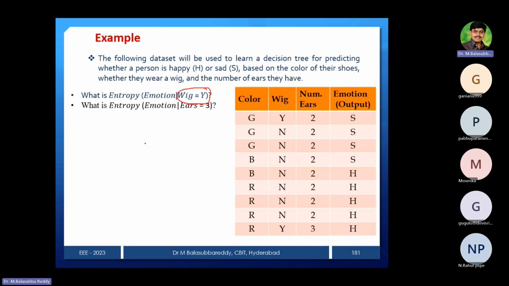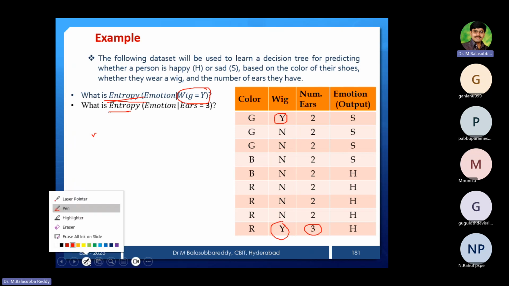How many cases have wing is yes here? Wing is yes in two cases. So for this, we have to find the emotion entropy if wing is yes. Similarly, you have to calculate the entropy if emotion ears are 3. Only one option is there.